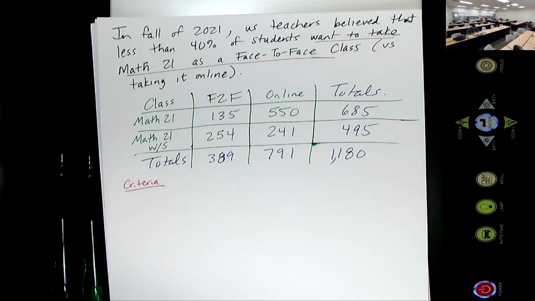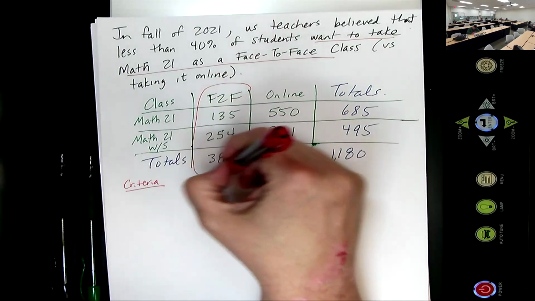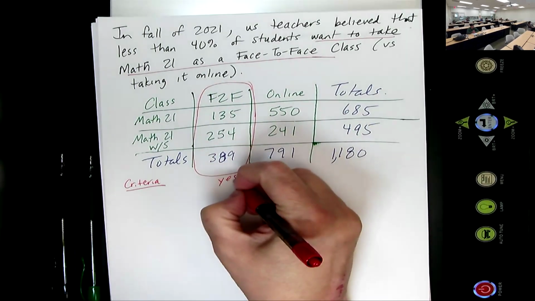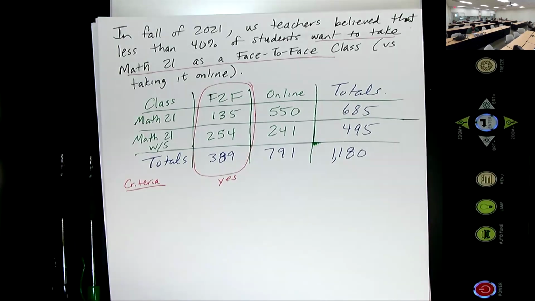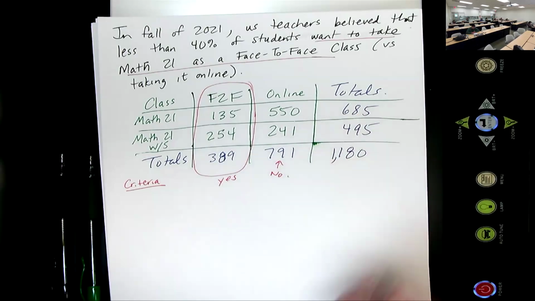So we are going to use the face to face column as our people that said yes, and that makes this column the people that didn't want it.